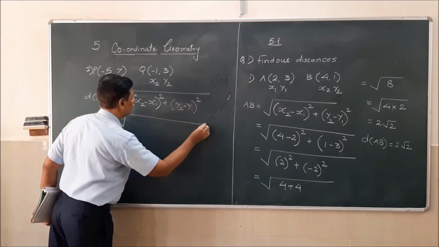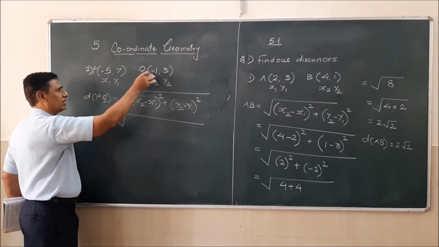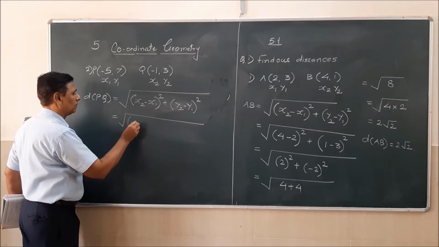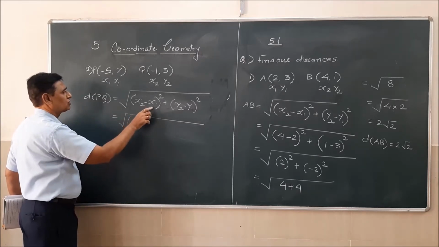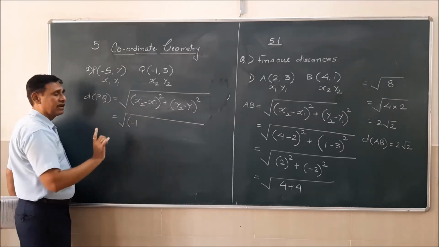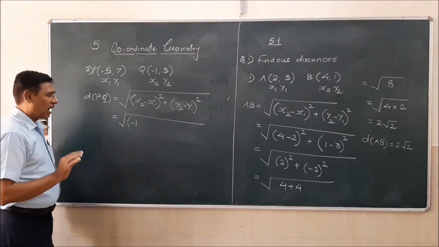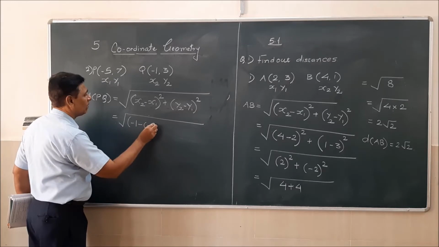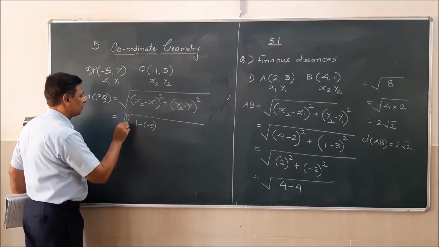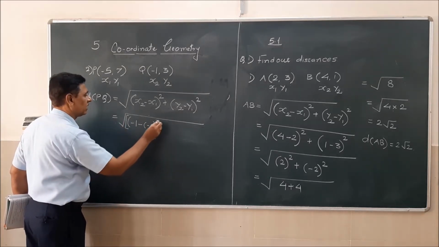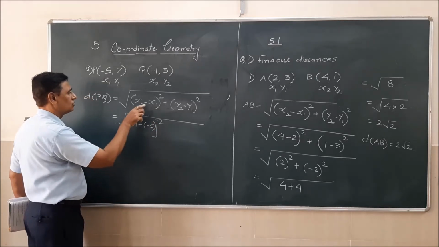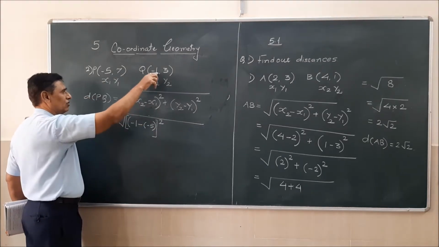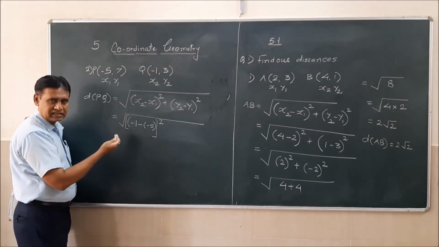Root of x2 minus x1. Be careful now. I am going to write minus into minus 5. Please try to understand this very carefully. x2 minus x1. Value of x2 is minus 1. I have taken it as it is.